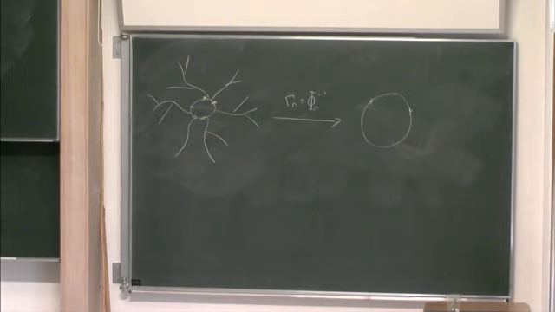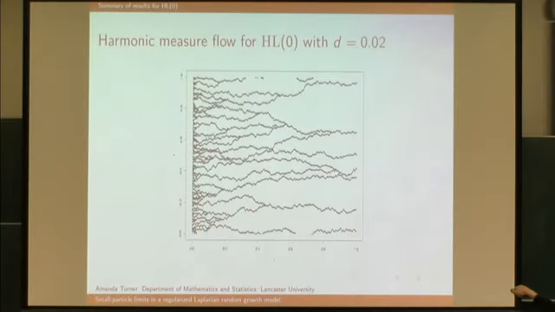As you can see, for any particular point, if we track its angle, so we've lifted this to the unit interval, if we just track what's happening to each point on the boundary, it performs a Brownian motion. But if you look at 2 points, they perform independent Brownian motions until they meet, and then they coalesce. So what does that tell us about the harmonic measure?